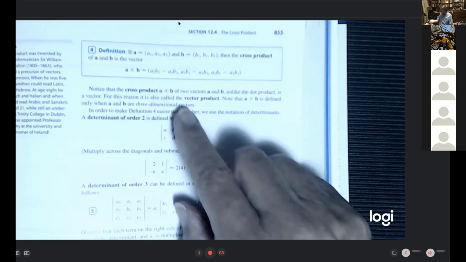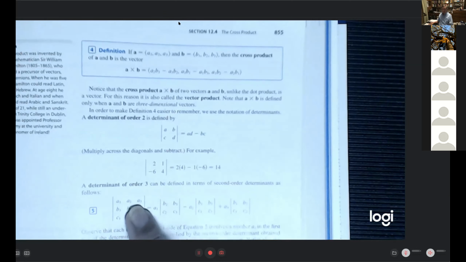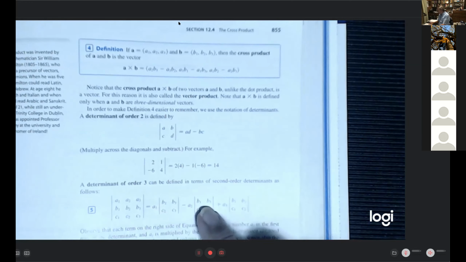Another way to do it is to think of it, if you know about 3x3 determinants, you can do a 3x3 determinant where you place, instead of A, B, and A1, 2, 3 here, you replace it with I, J, and K, which is not a real determinant, but you can act like it by putting the I where the A1 is, the J where the A2 is, and the K where the A3 is.